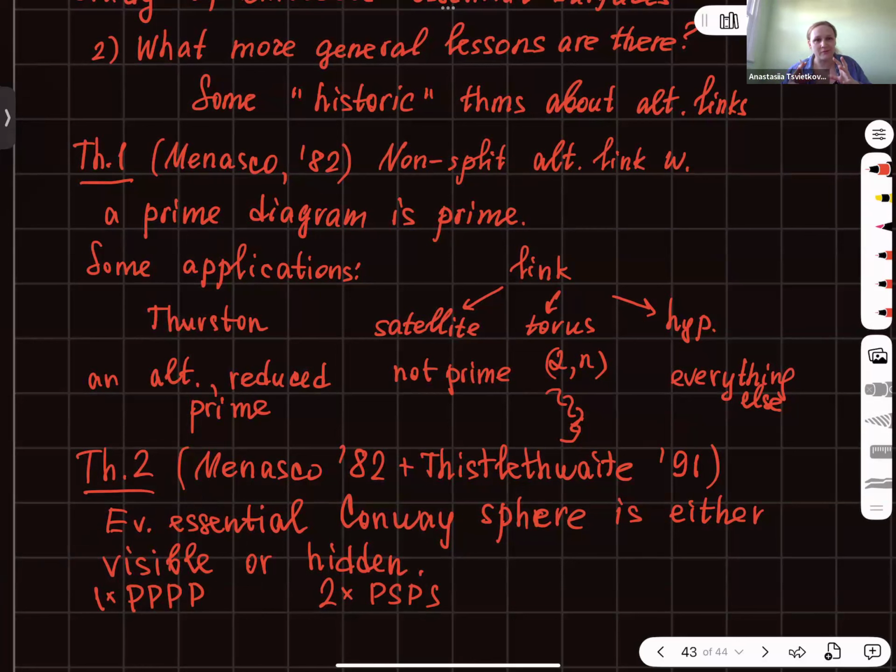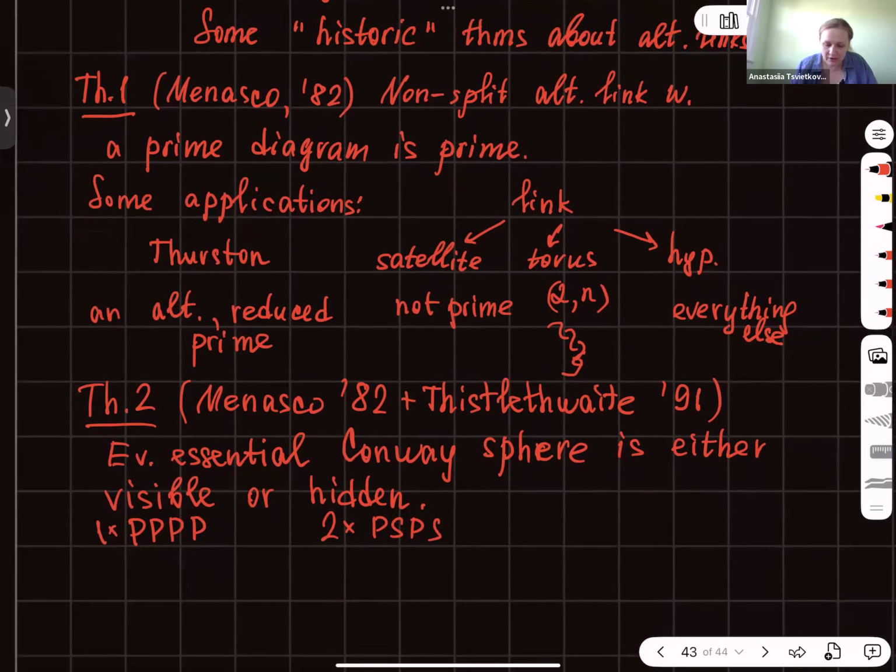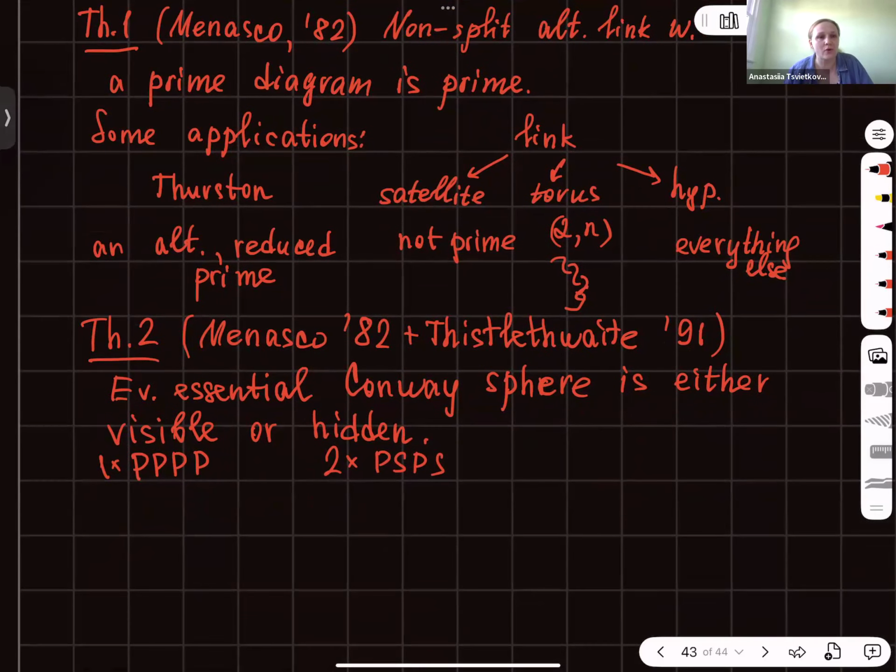So this really was a classification of, you can think of this as genus 2 surfaces or as essential 4-punctured spheres. And it also had quite a few applications. If you're not a theorist, you want to know how to distinguish rational links from non-rational links. And it turned out that if they're alternating, you just see it right away from the diagram. So let me write this application, just one of them.